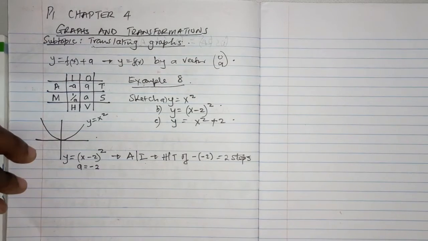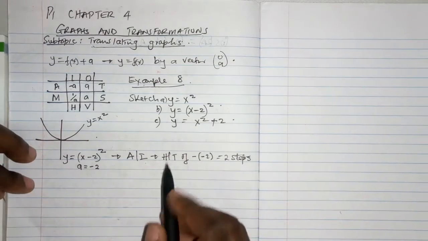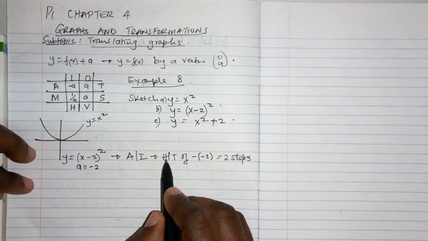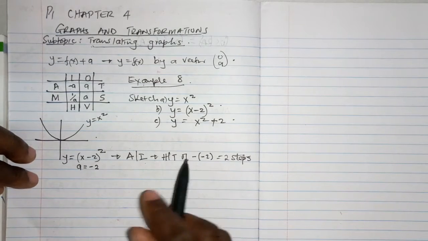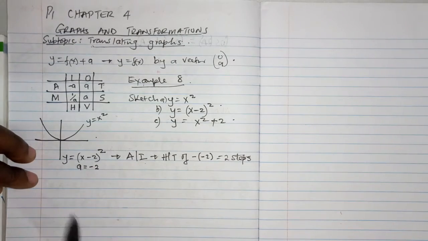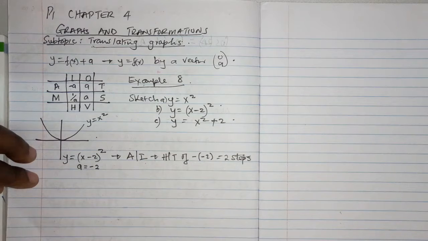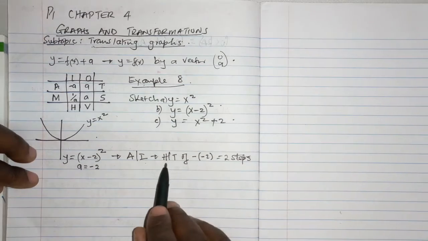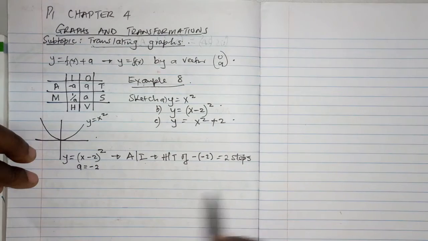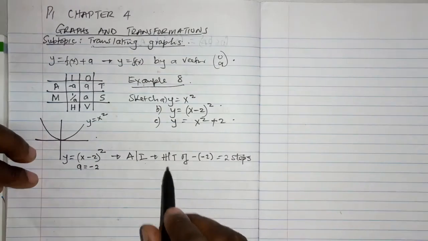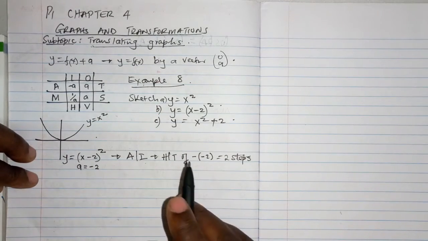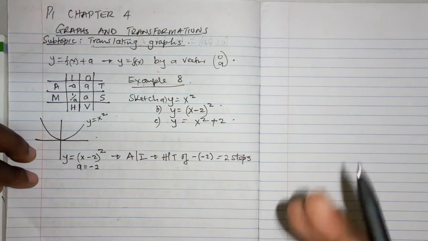What does this really mean? This means that since we are dealing with horizontal translation, we are simply going to affect the x values and not the y values. Horizontal deals with x values. Translation talks about adding some steps.